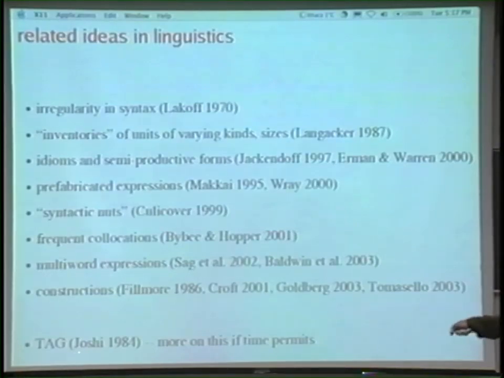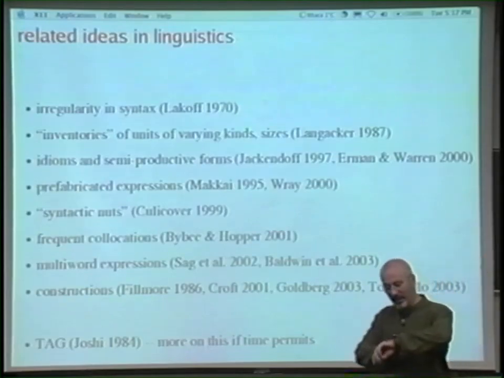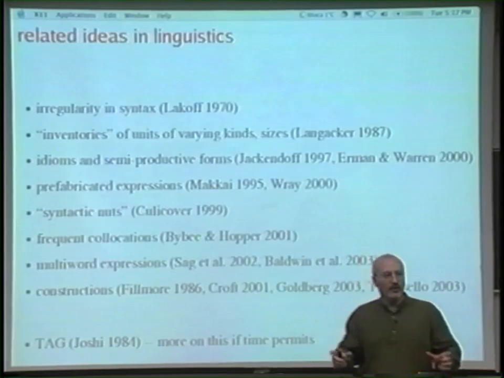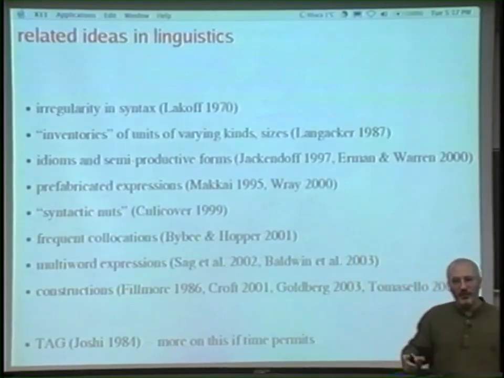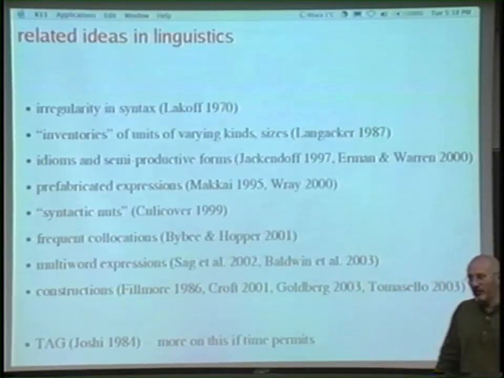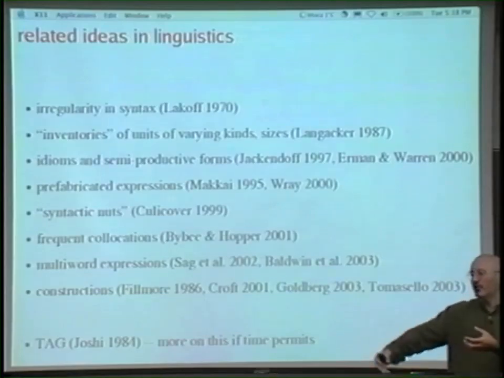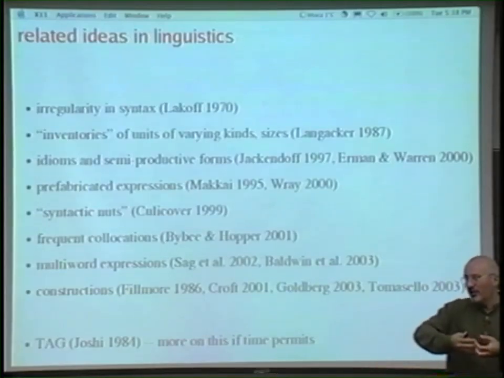And I would place tree adjoining grammars here as well, because if I have maybe a couple more minutes at the end, I'll show you how I can draw an analogy between certainly the elementary trees of a tree adjoining grammar and the patterns that we find, but also, as you can imagine, a direct counterpart to the operation of substitution, because that's what essentially pattern membership in another pattern means, and also adjoining.